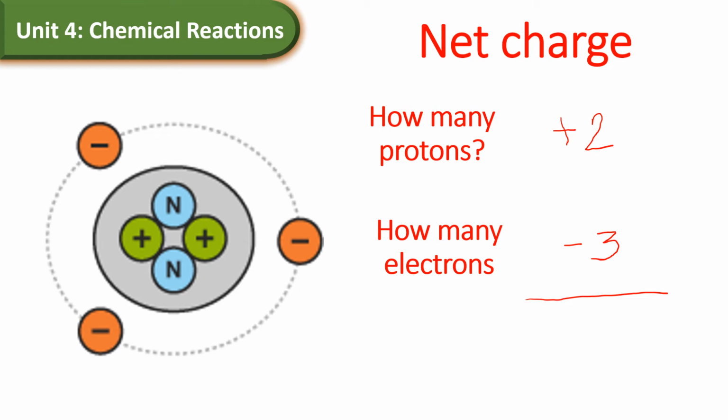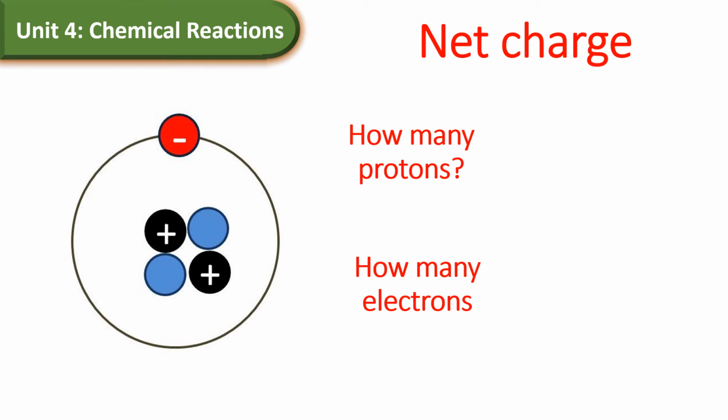So let's do the math. 2 minus 3, you will get negative 1. So an ion is an atom that has a negative charge.